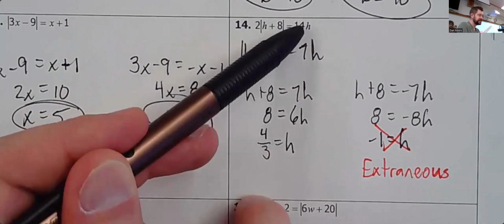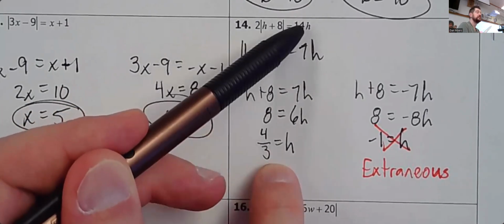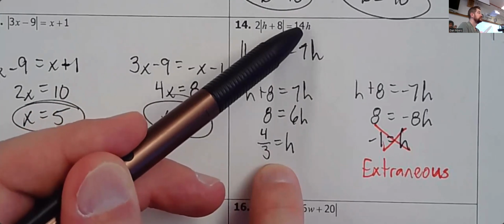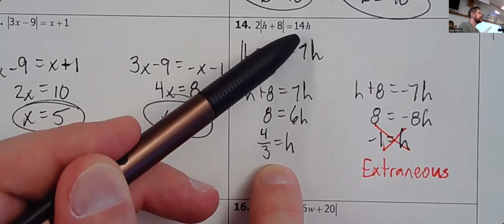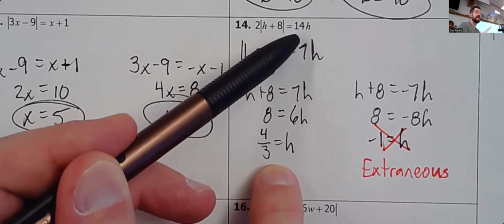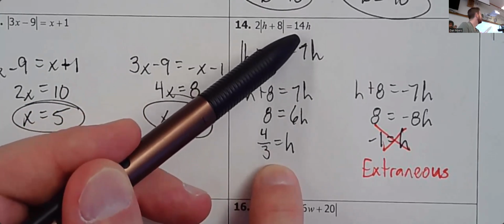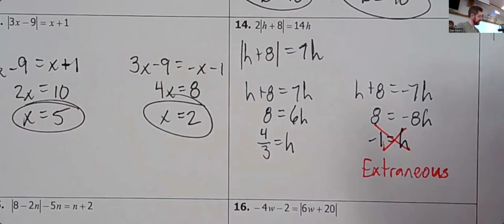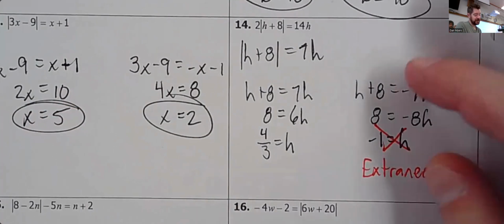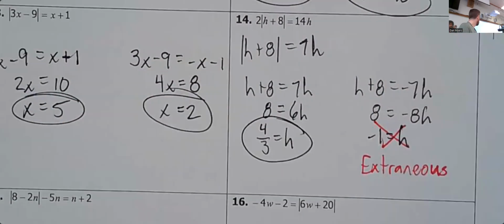So what does 14 times 4/3 equal? If it's 56/3, we're good. Yeah, I see some thumbs up. Cool. So we have one answer, and the answer is 4/3 because both sides of the equation end up equaling 56/3.